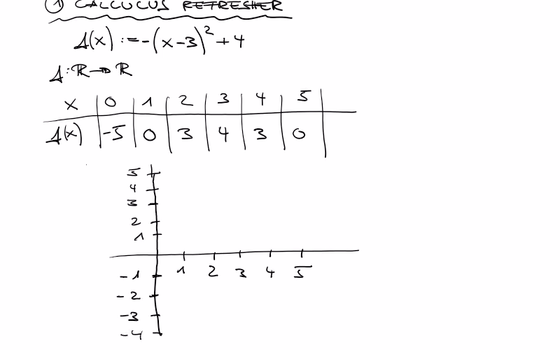And then, so basically what you have to do is annotate the values. So we had -5 for 0, 0 for 1, 3 for 2, 4 for 3, 3 for 4, and 0 for 5.